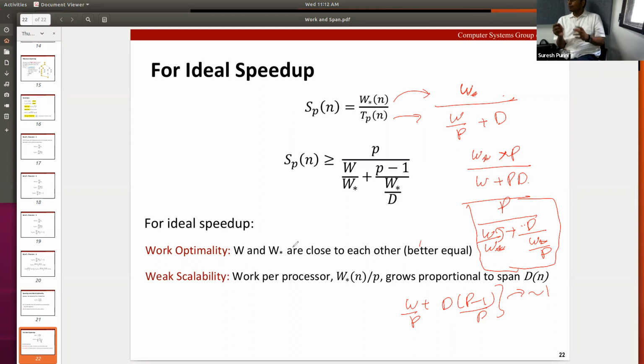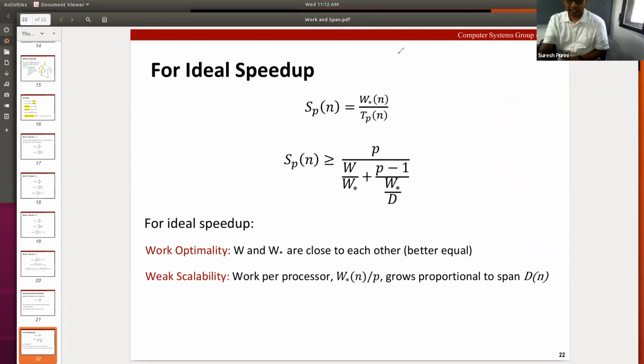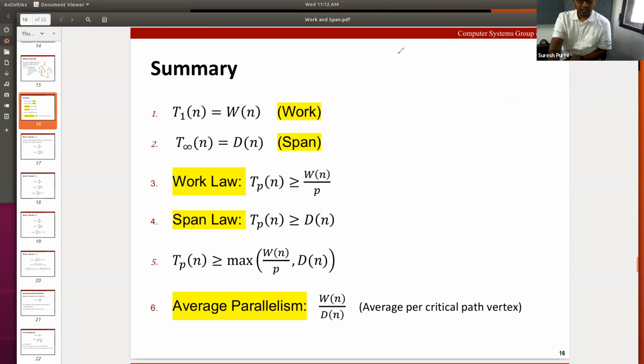So this is the summary of today's class. If you see here, we are able to get lower bounds using work and span laws. That's number one. The second idea is the notion of average parallelism, work divided by span.